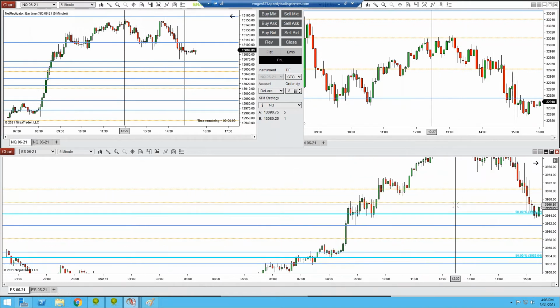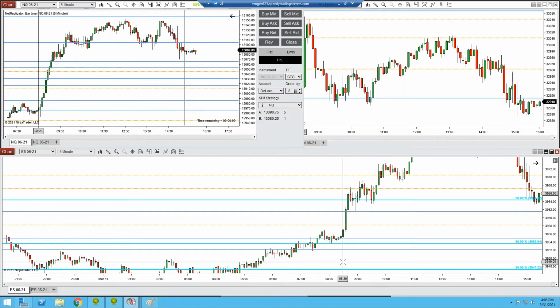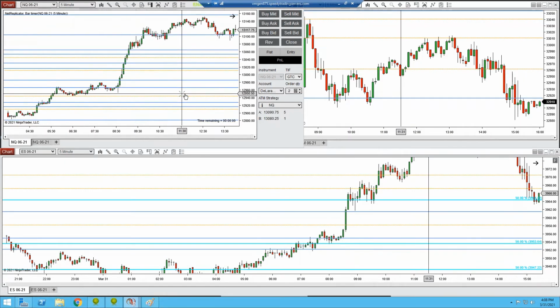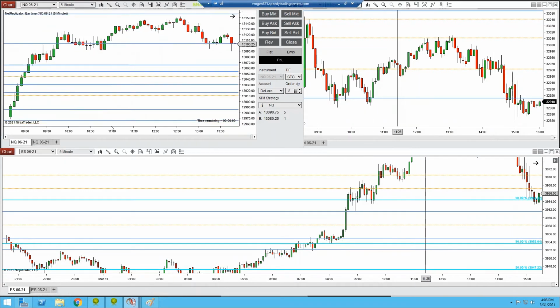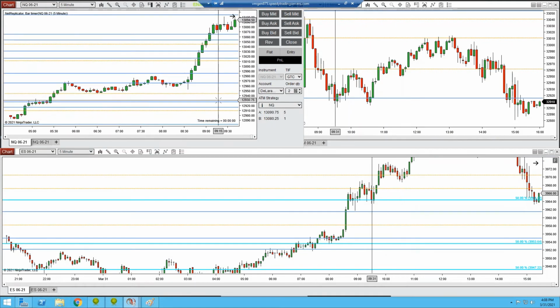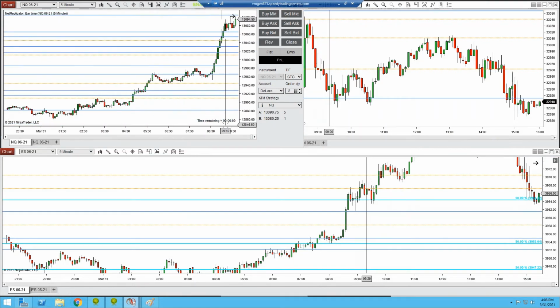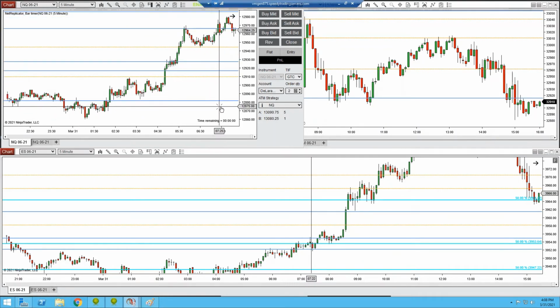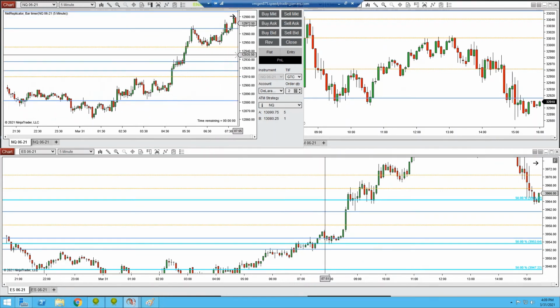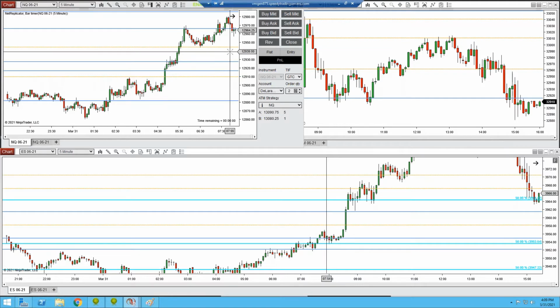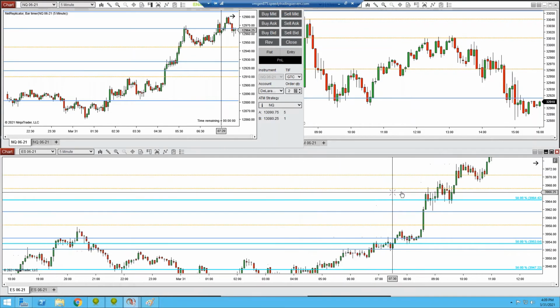Let's go to the start of today. So the way I trade is I come in on the morning. I usually get to my computer right around, that's right around here, 8:15 or so in the morning.